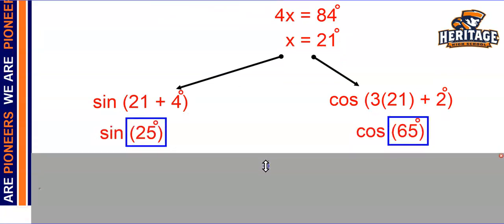So you add 21 to 4 for the sine, and you get 25, so that's one of your angles right there. And if you plug 21 back into the cosine function, you get 65 degrees. And therefore, you can check your answers to have it correct. 25 plus 65 does equal 90. So therefore, the final answers are sine of 25 degrees and cosine 65 degrees. And that's all there is to it.